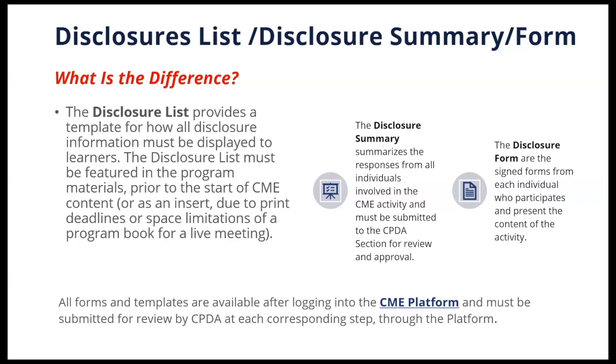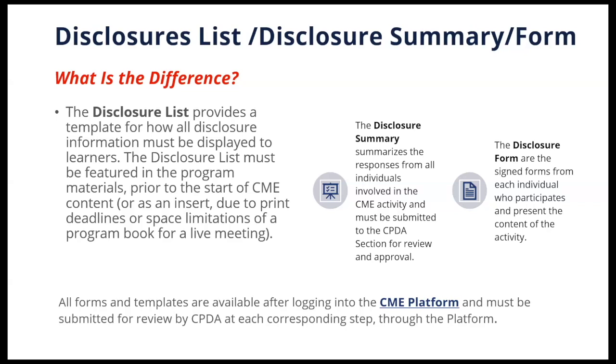Now, also required of us is the disclosure summary. And as stated, it just summarizes the responses that the individuals who are a part of the activity have submitted to our team or your administrator to review and approve. In the past, for the disclosure form, the ACS has a standard form that is used for each individual who participates or presents during your activities. In the past, we've asked for those forms.